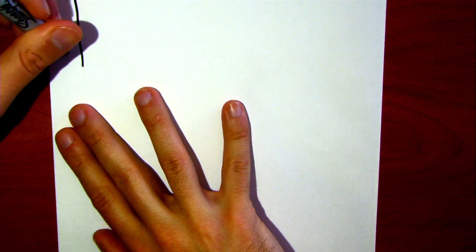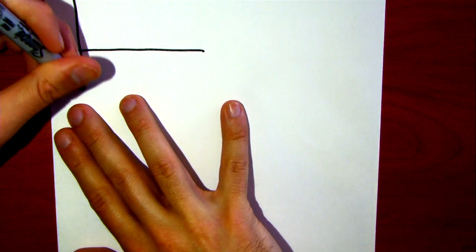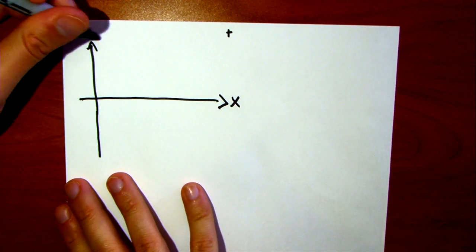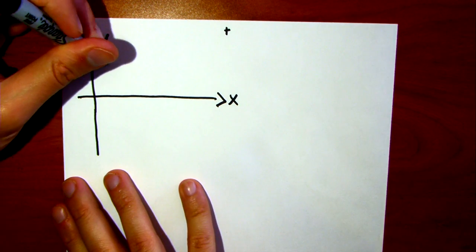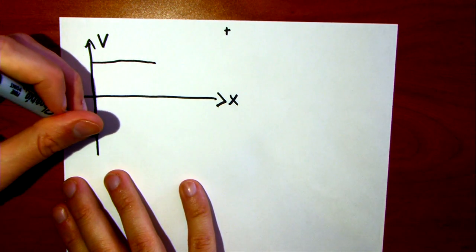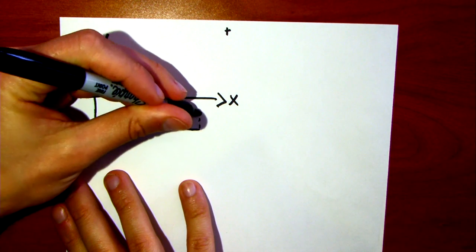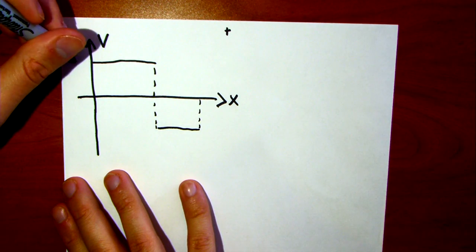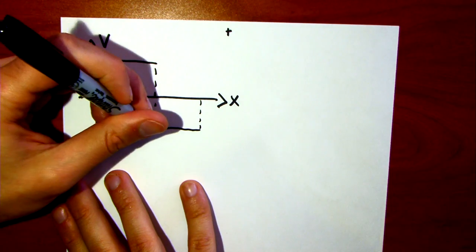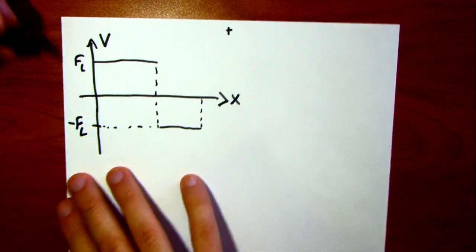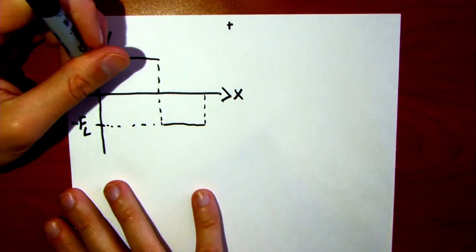You get your shear and bending moment diagrams. So there's X, there's V, and it ends up looking something like this, where this is not to scale, right? It's FL, this is negative FL, or negative P/2.